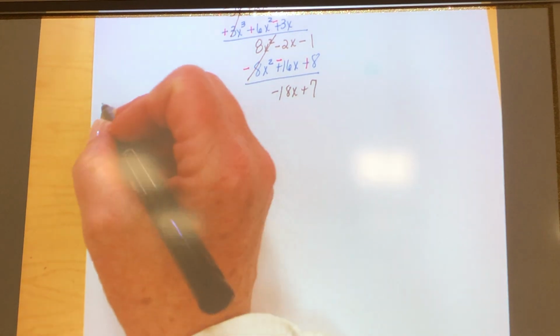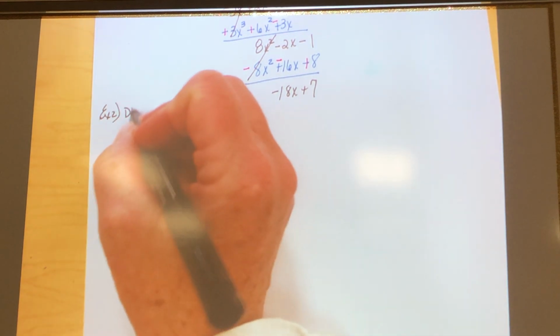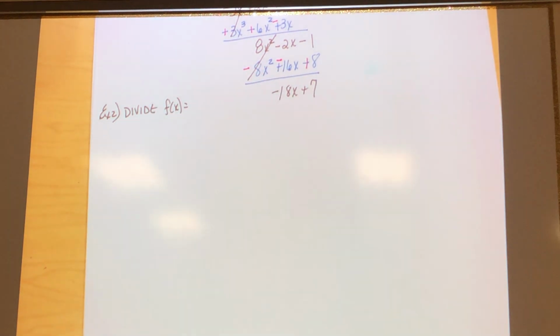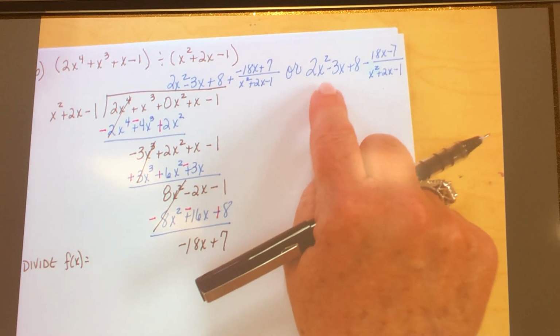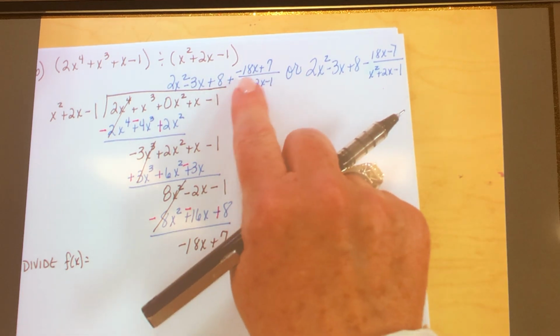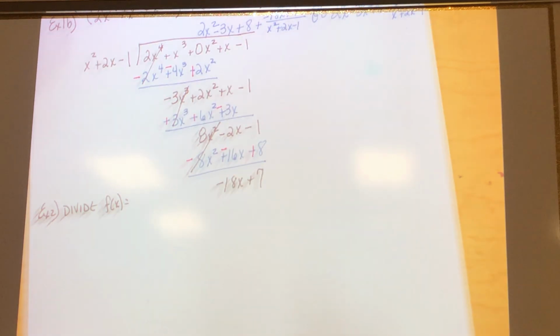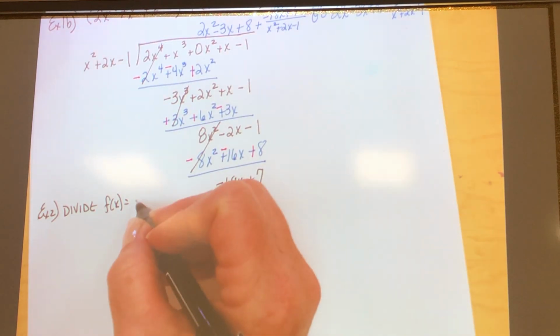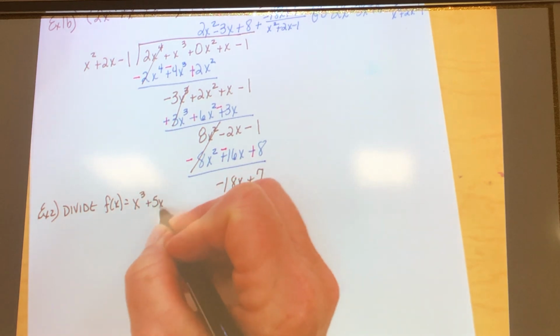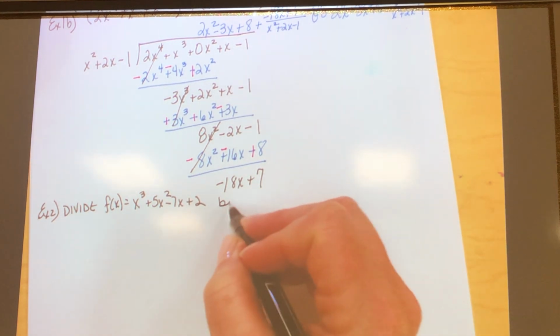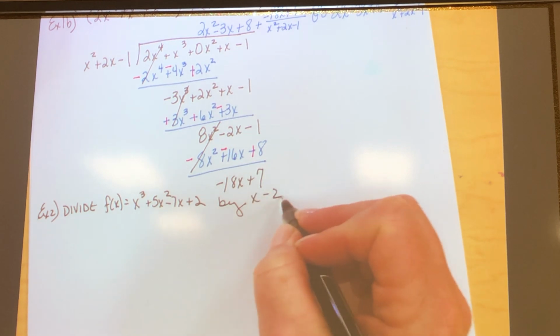All right, so this is example 2. Divide f of x is equal to x to the third plus 5x squared minus 7x plus 2, and we're gonna divide it by x minus 2.